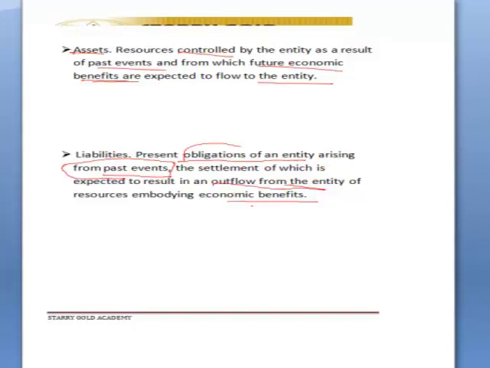Whereas a liability is a present obligation of an entity arising from past events, the settlement of which is expected to result in an outflow from the entity of resources embodying economic benefits. So that is what liabilities are.